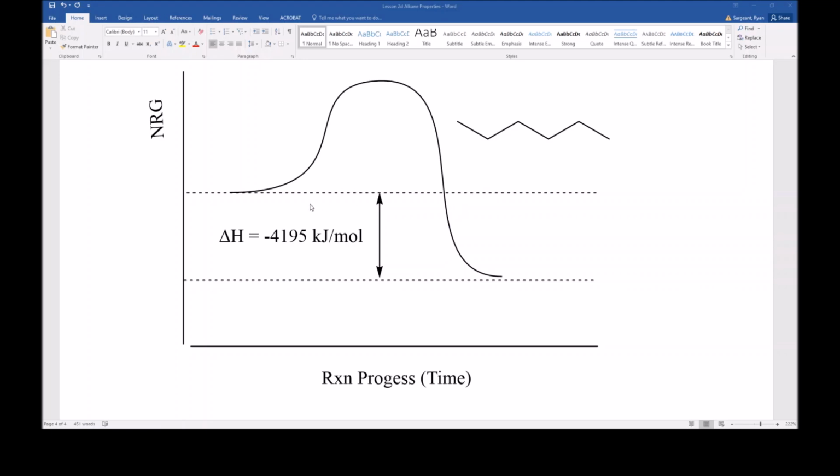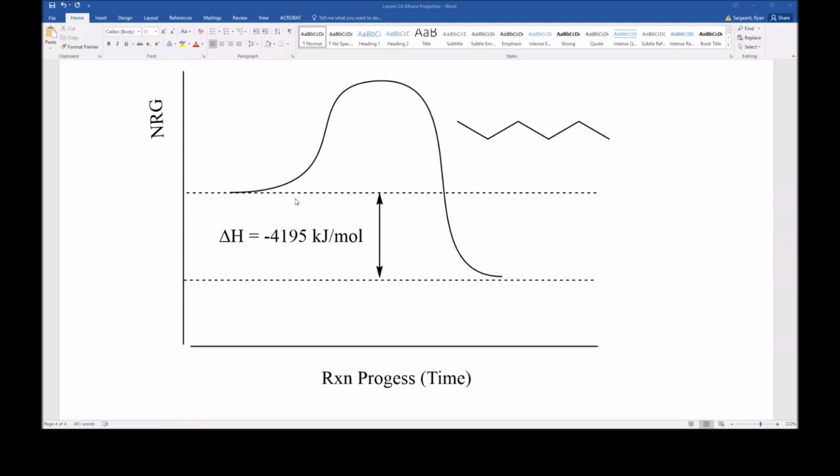A more branched isomer generates a lower heat of combustion, so if you were to try to trace in what the energy diagram for 2-methylpentane, the constitutional isomer of hexane, it would end up at the same position, because when you set fire to isomers, they generate the same products, but it would produce less energy. A more branched alkane produces less energy because it would start at a lower energy position.